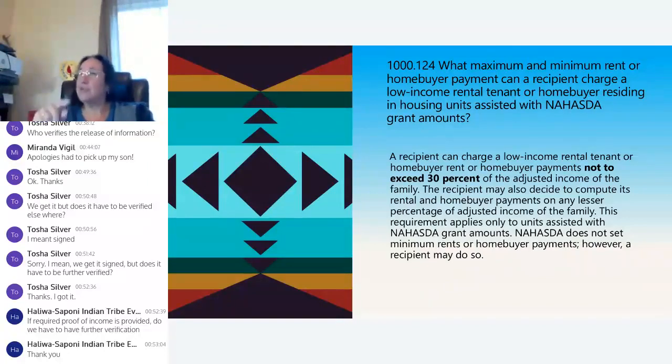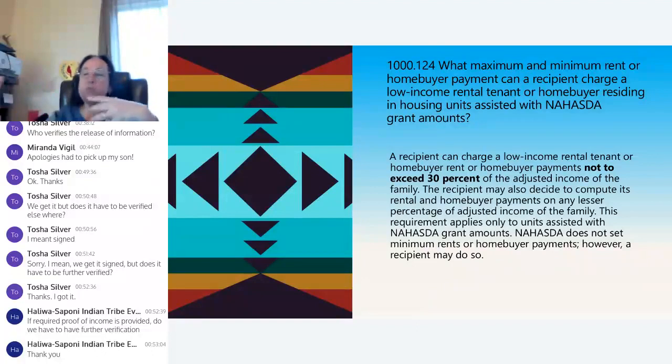The other factor is if you have them in there on a repayment agreement, that repayment agreement, they owe you money, okay? That repayment agreement is not factored into that 30%. You figure out the 30% before what they owe you. So a recipient can charge a low-income rental tenant or home buyer rent or home buyer payments not to exceed 30% of the adjusted income of that family.